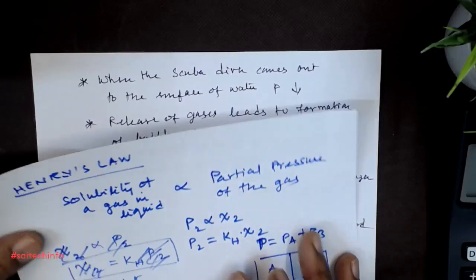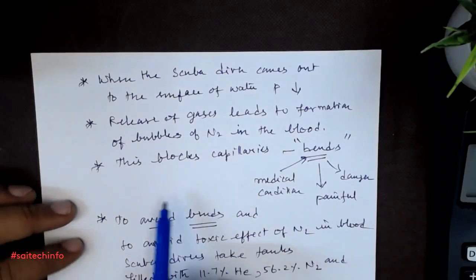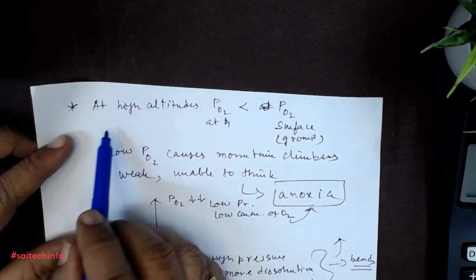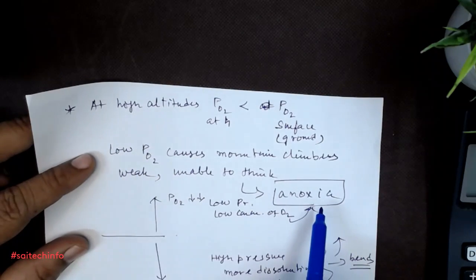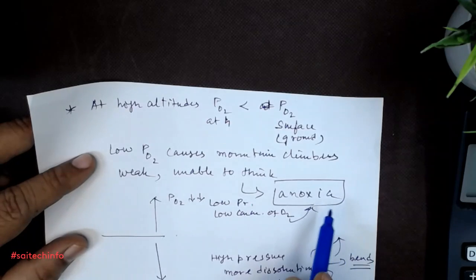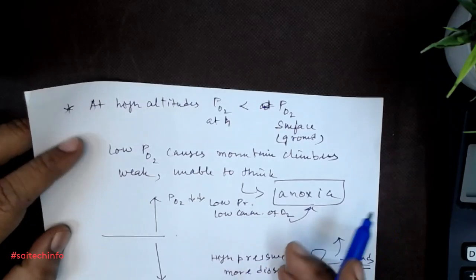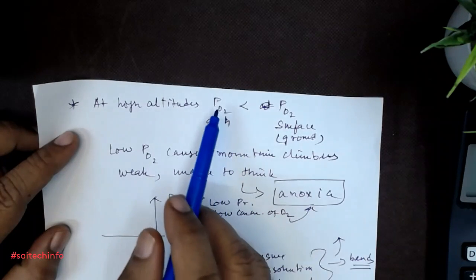And the next one is the high altitude problem. So here, what is the medical condition? Anoxia. What is anoxia? Weakness and being unable to think. So at high altitude, what happens?